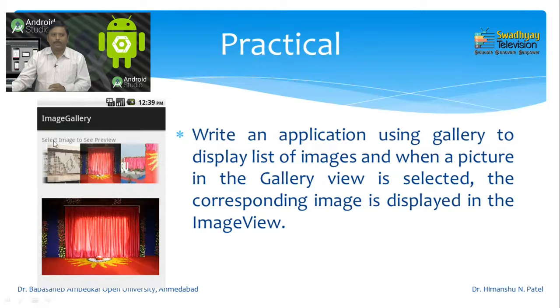Here is one text view which shows select item to see preview. Here inside gallery you can have a number of images displayed, and you can scroll these images for further images which are not shown here, and when a particular item or image is selected inside gallery, we can have its larger view inside the image view below. So, this application we will write.